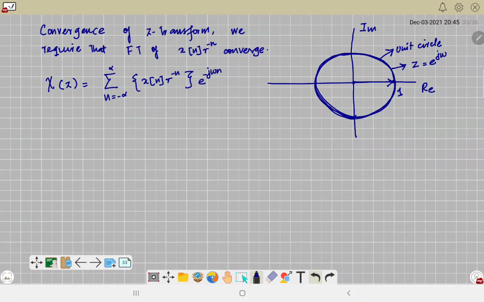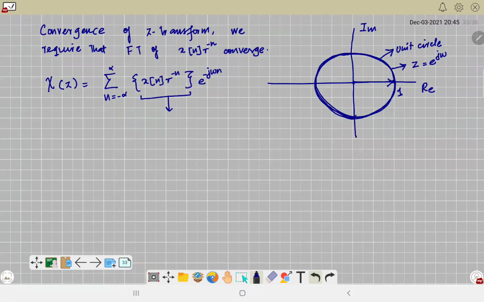Now, for the discrete time Fourier transform of this sequence to exist, we must ensure that it converges, and this becomes the condition for convergence, for finding the region of convergence in the case of a Z transform.